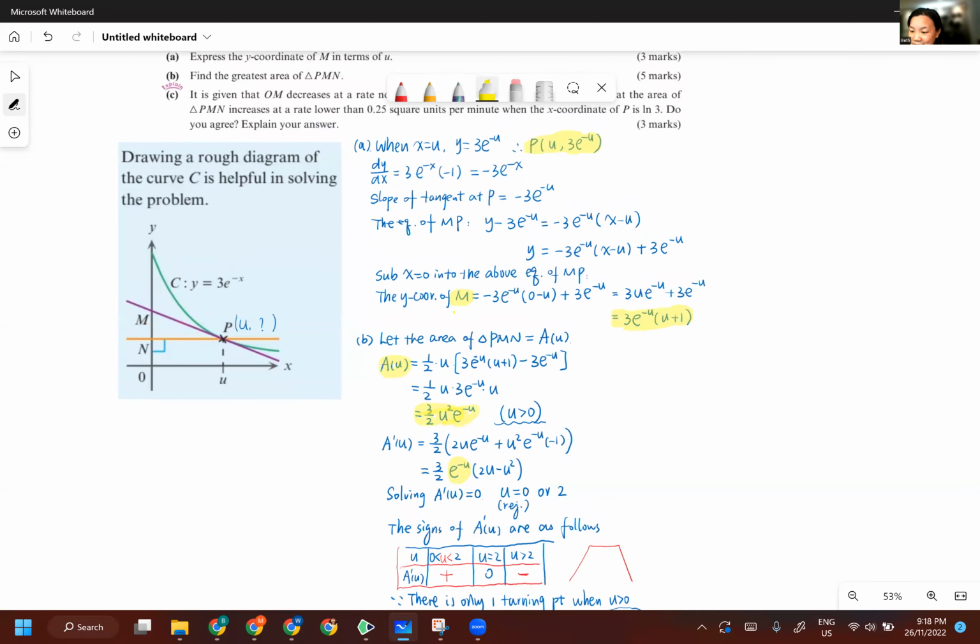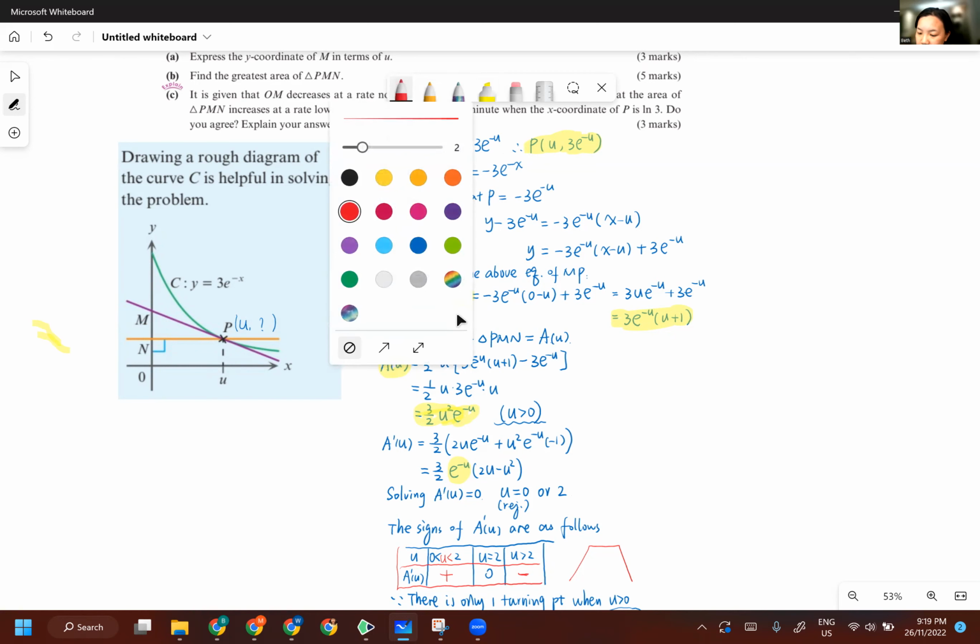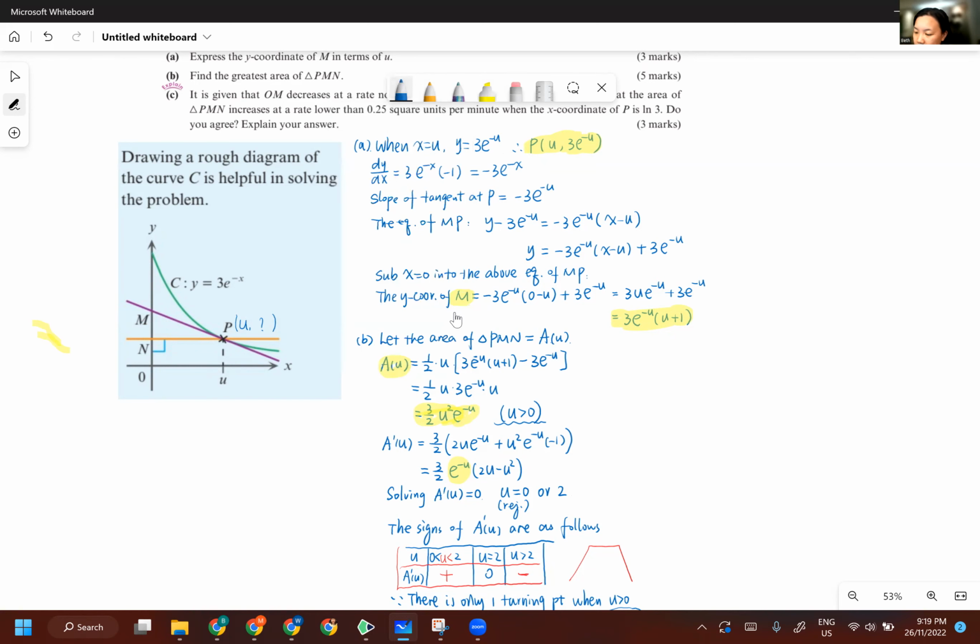Okay? So don't panic. Just look at it. Right now, OM decreases at a rate not exceeding 0.5. So dOM/dt, the rate is what?